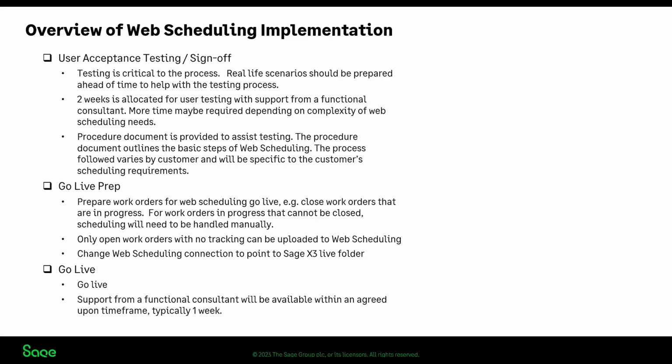We typically allocate 2 weeks. And that is just kind of a baseline. If you have a more complex situation, it may be 3 weeks, maybe 4 weeks, but 2 weeks is kind of what we gauge in our typical implementation to start out with.